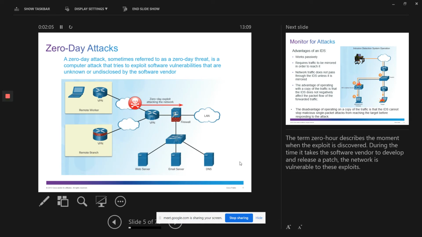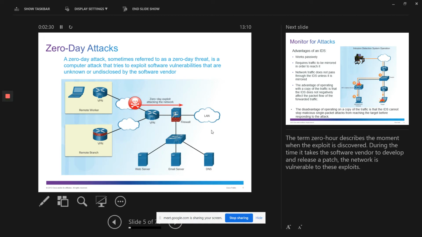Before we do that, there is something called a zero-day attack. A zero-day attack, sometimes also referred to as a zero-day threat, is a computer attack that tries to exploit a software vulnerability or loophole in a particular software or operating system that is currently unknown or undisclosed by the software vendor.